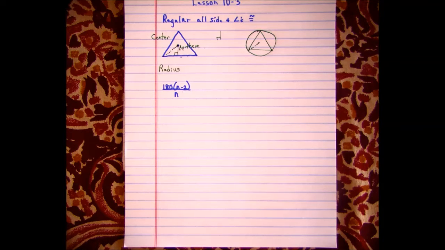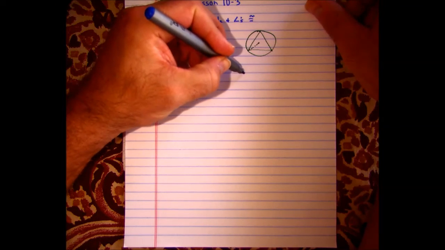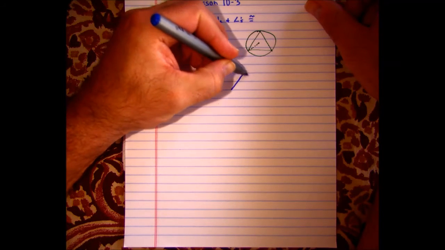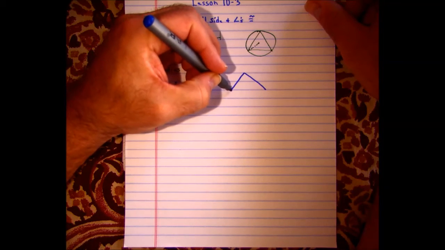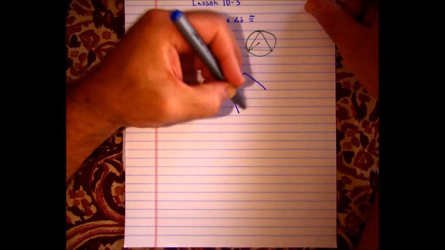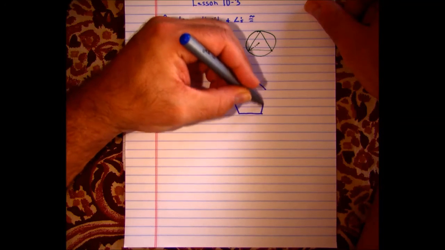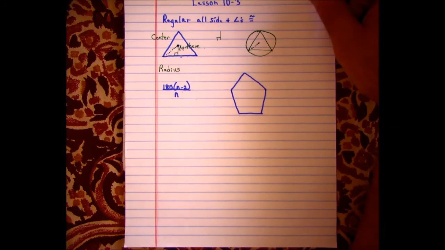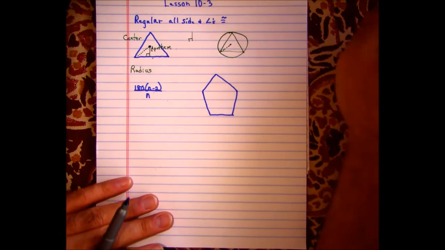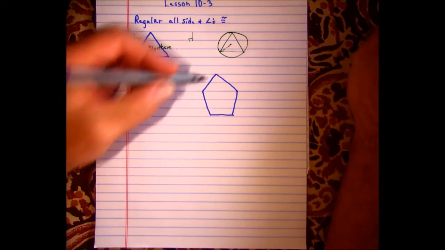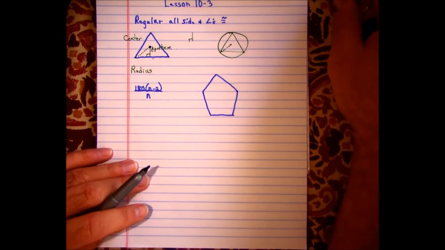Hang on, let me move things around here a little bit. All right, so let's just look at one regular shape. We'll look at a pentagon. Now this is my best attempt at a regular pentagon, and we're supposed to know what all of those interior angles would be.